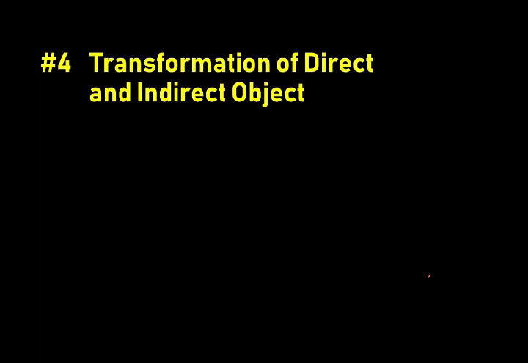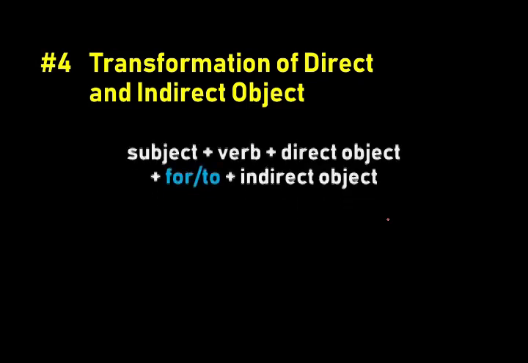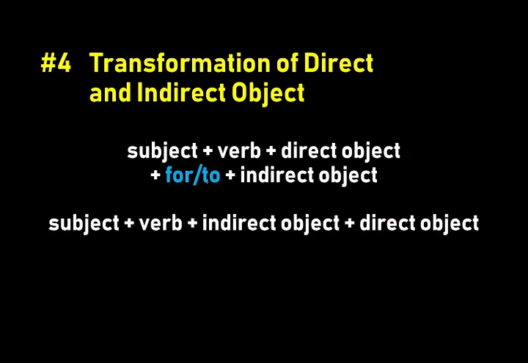Next we have transformation of direct and indirect objects. There are two ways of writing objects of many verbs without changing the meaning of the sentences. The indirect object may occur after the direct object preceded by a preposition, or it may occur before the direct object without being preceded by a preposition. And here are the forms if you want to use the transformation of direct and indirect objects.